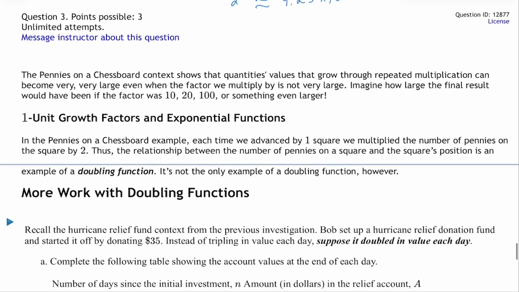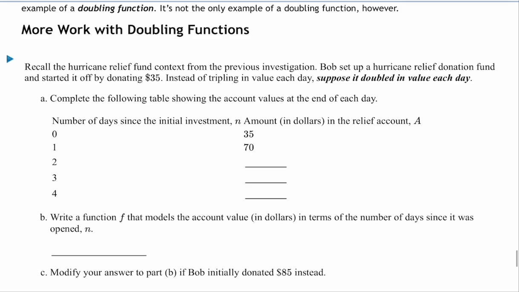And then if we go down here, it says we're doubling a donation for $35 every day. So it started off at 35 at day 0, then it went to 70, then 140, then 280, then 560. Write a function f that models the value in dollars and number of days.